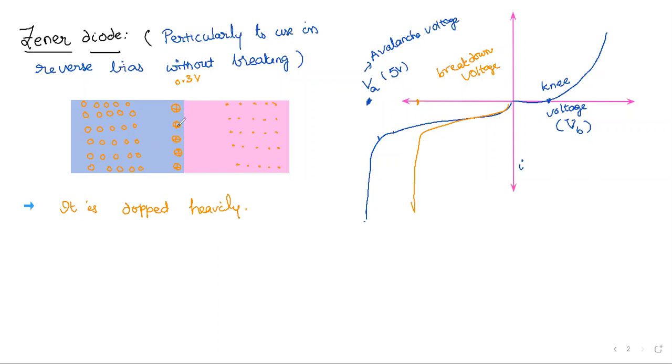Previously, I drew only 4 ions. Actually, 1, 2, 3, 6. So I have to draw 6 positive ions here and 6 negative ions. Suppose 3 plus 3 in 2 columns results in the voltage of 0.3 volts. Now I am getting it with only a single column.